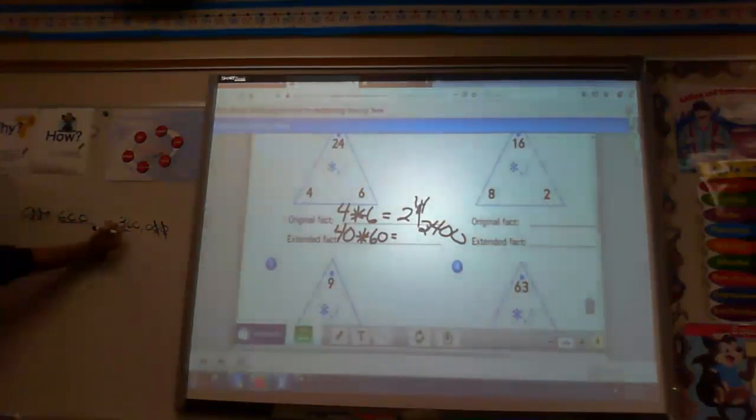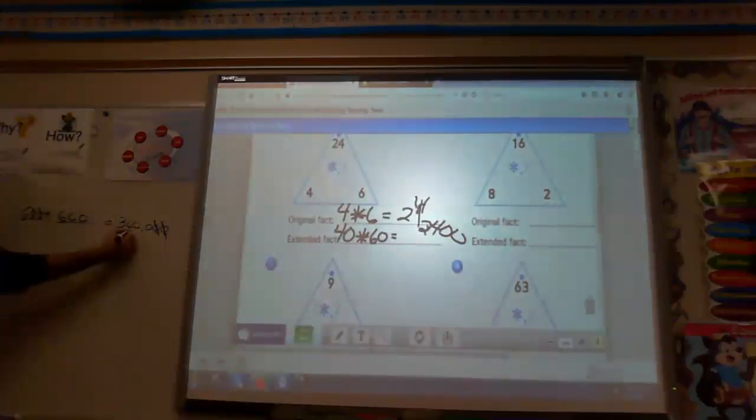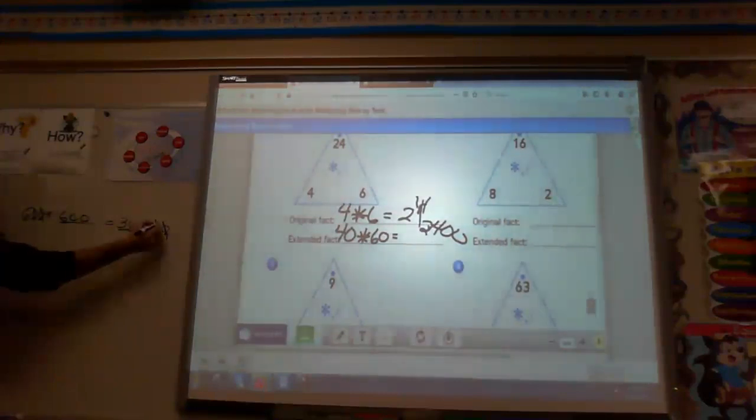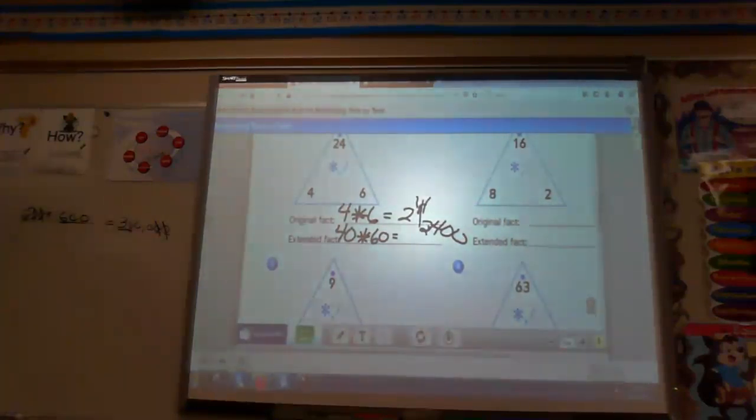If I work backwards now, 6 times 6 is 36, and then 1, 2, 3, 4 zeros. The reason I was confused is because I thought you just gave me a 6 and 6 negative thing there, but you were multiplying 6 times 6 with 6.